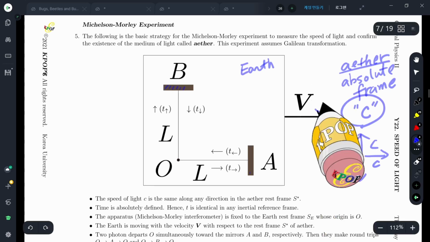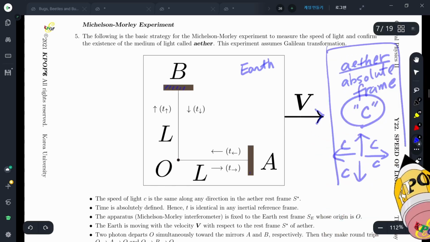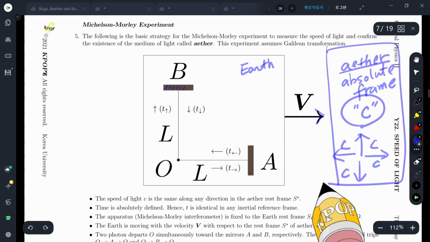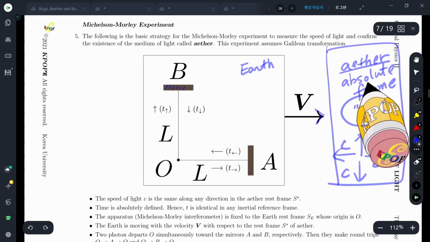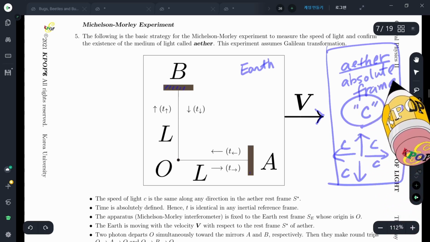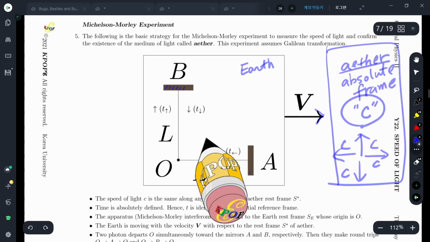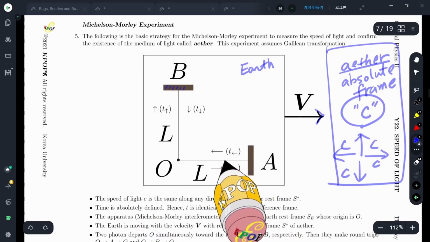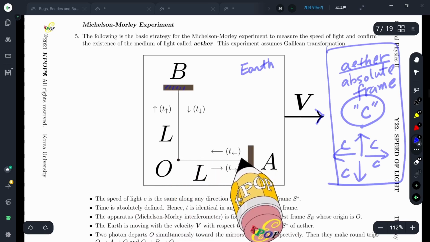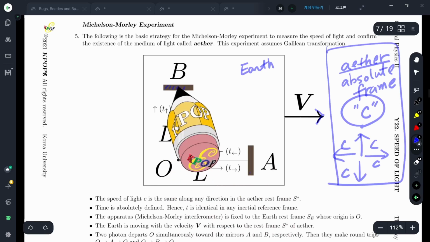And this is Michelson's original assumption. So if we measure the speed of light in the frame where ether is at rest, we do not have to consider this complicated object, because by definition, almost by definition, it is always the same.